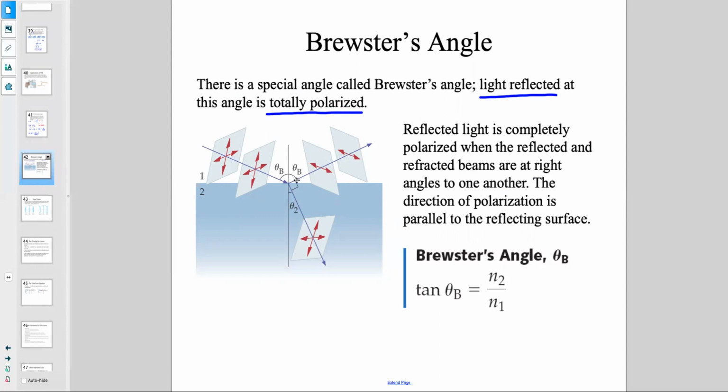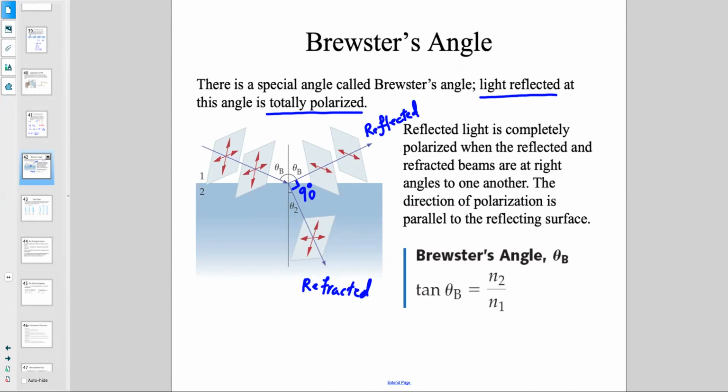In other words, if this angle right here between reflected and refracted, reflected and refracted, if this angle is 90 degrees, then the reflected one will be polarized in a way that is parallel to the surface.